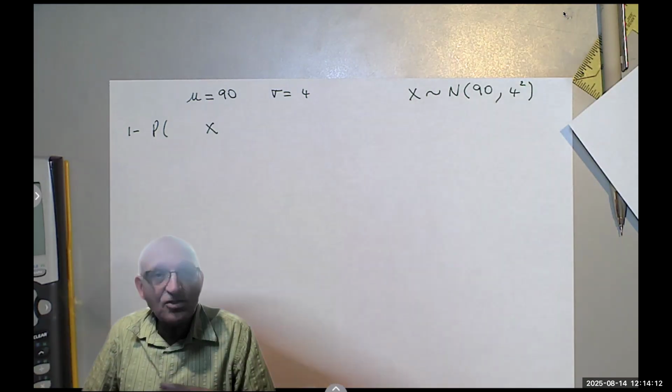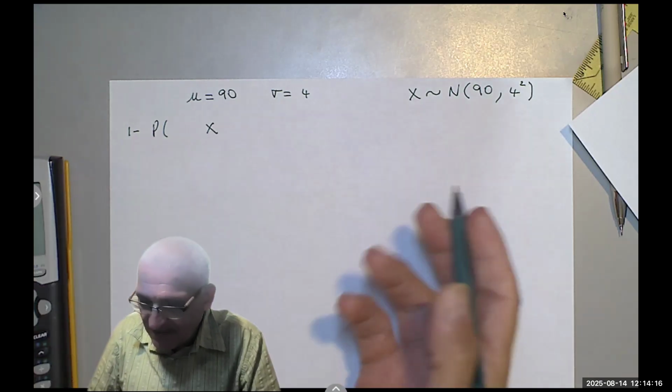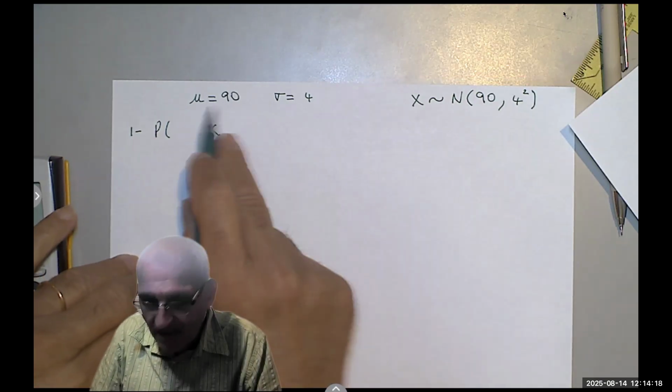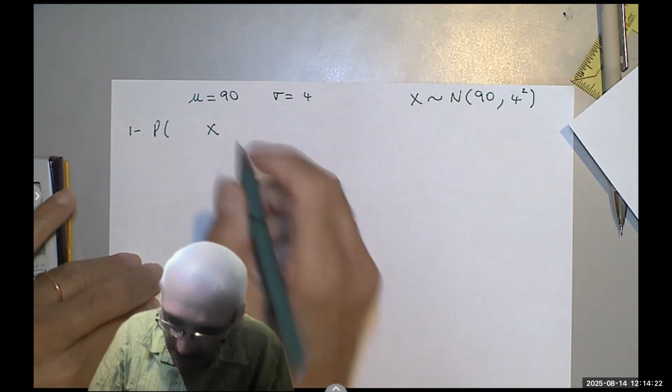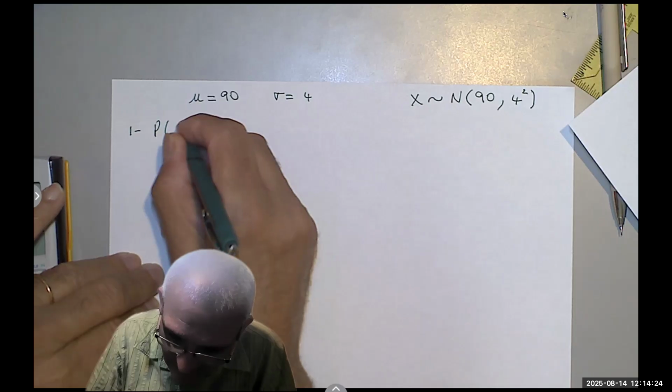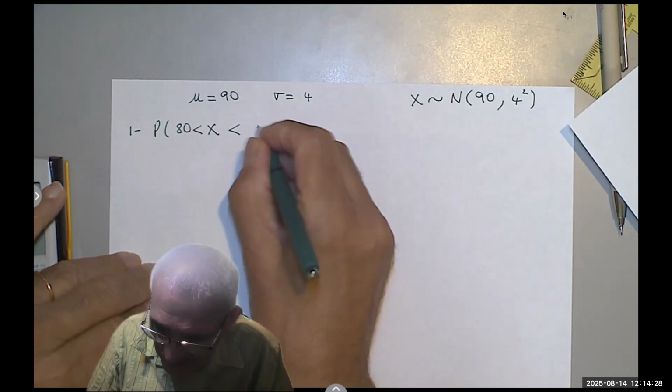I'm just going to pick one element, and I want to see the probability that this element, coming from a distribution that has a mean of 90 and a standard deviation of 4, is between 80 and maybe 92.